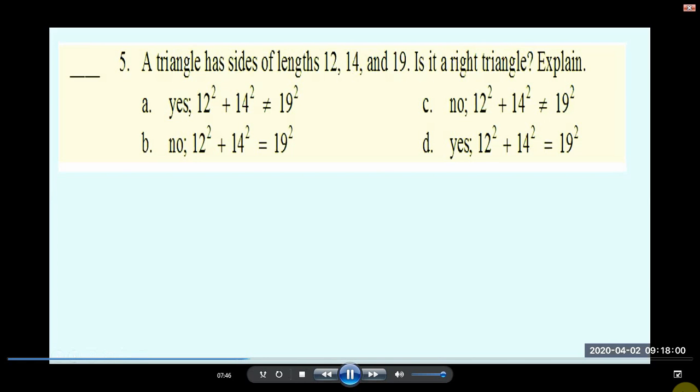They are not equal. Then is it right? No, they're not equal.